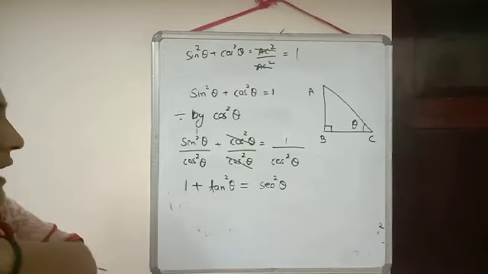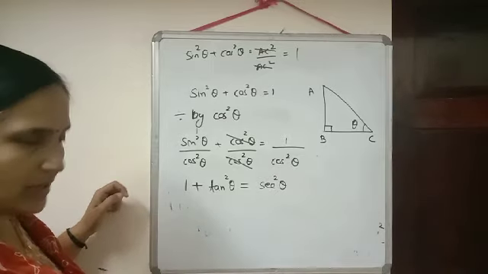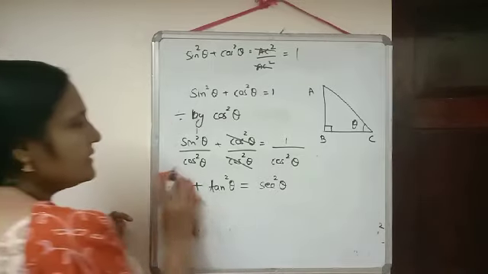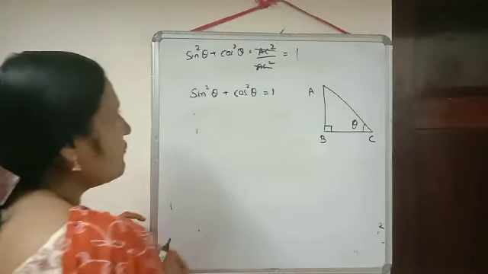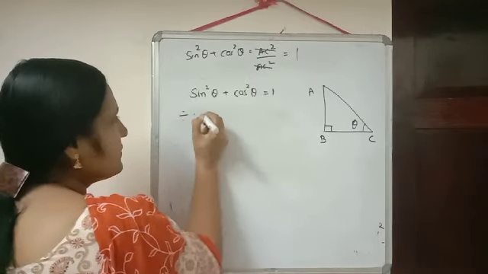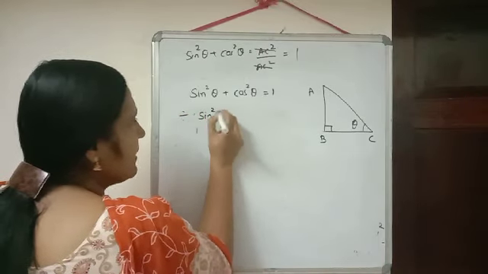Okay. Now to get the third one, write down the same equation once again: sin square theta plus cos square theta is equal to 1. Now we'll divide this equation by sin square theta.